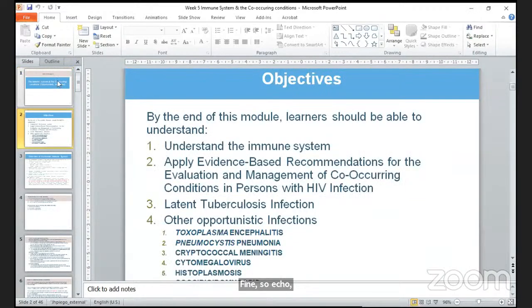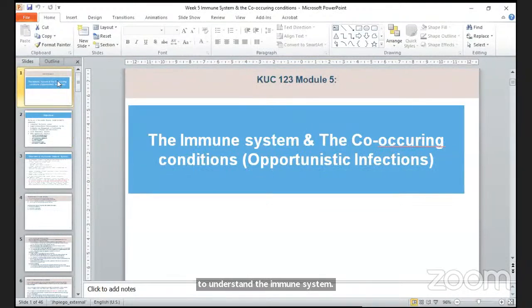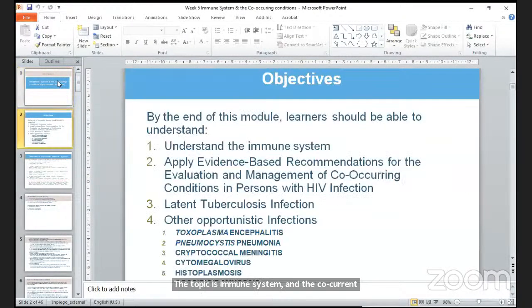Now, as for this week, we are going to understand the immune system. The topic is the immune system and the co-occurring conditions. We'll look at a brief overview of the immune system, then understand it in relation to opportunistic infections, or co-occurring conditions.